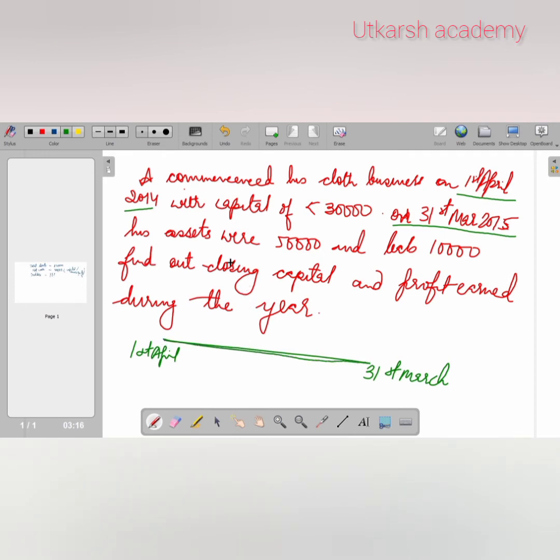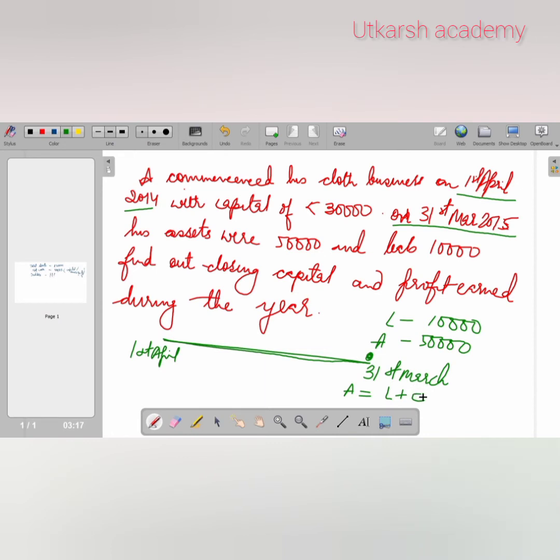What it is telling, his assets were 50,000, means at the end asset is 50,000, and at the end the liability is 10,000. He is telling to find out the closing capital. It is very easy. Asset is equal to liability plus capital.